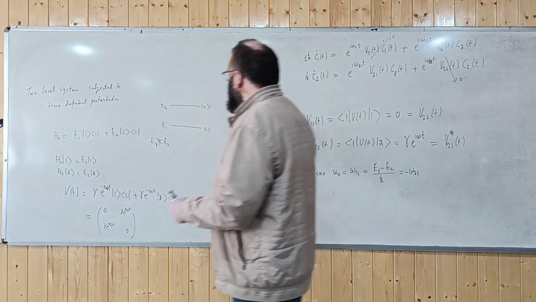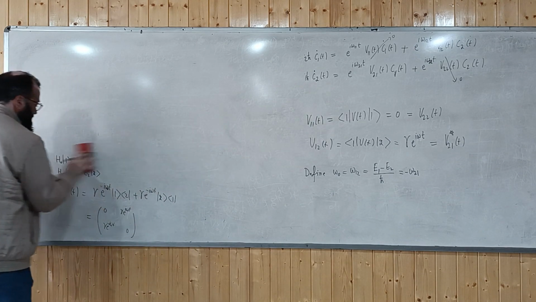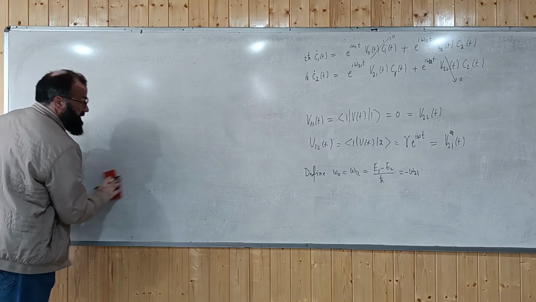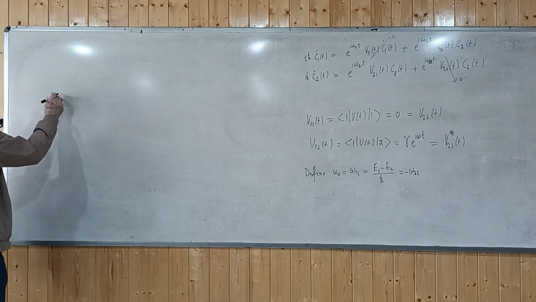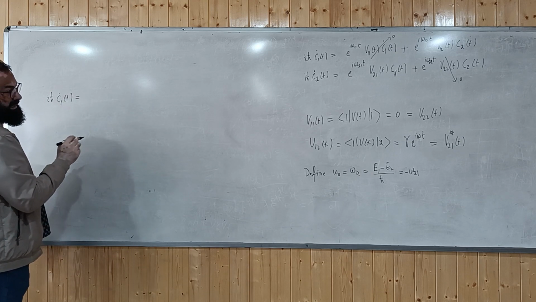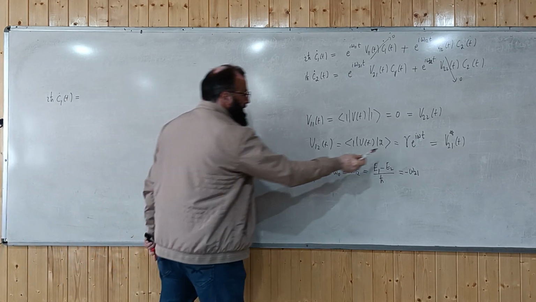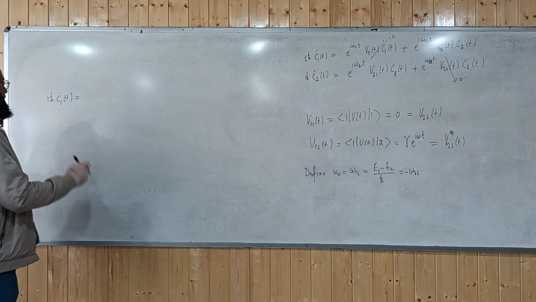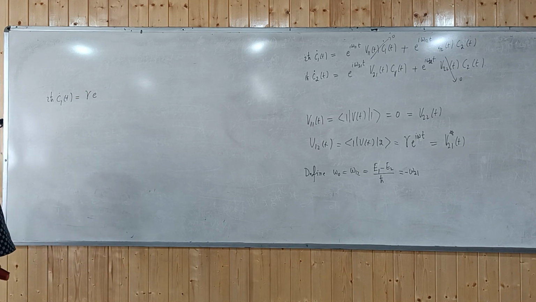So we will write, therefore, we have i h bar C1 dot of t, that is simply equal to e raised to i omega, so that will be omega naught, and there is this gamma, so it will be simply gamma e raised to... I think there is a sign problem.